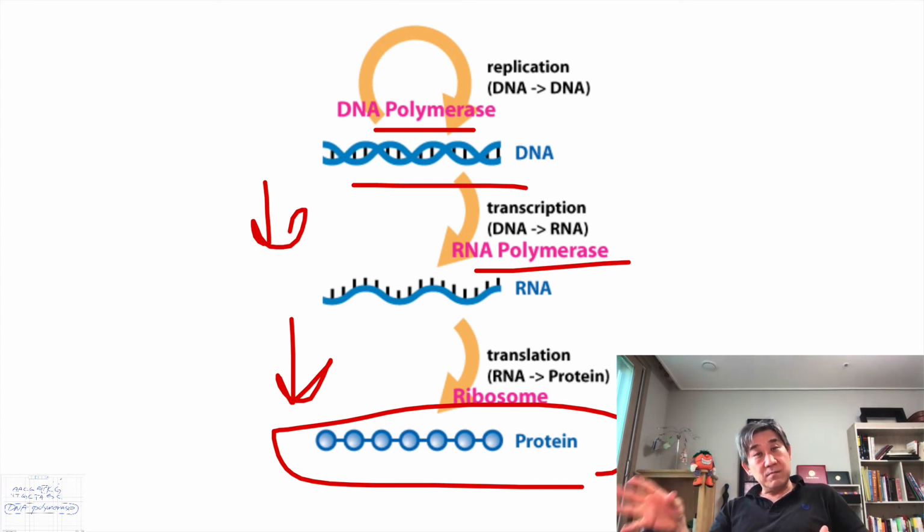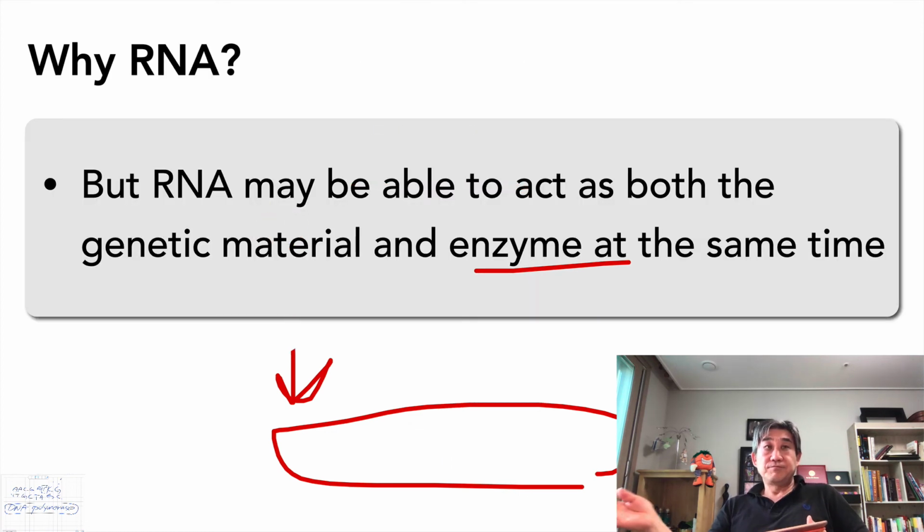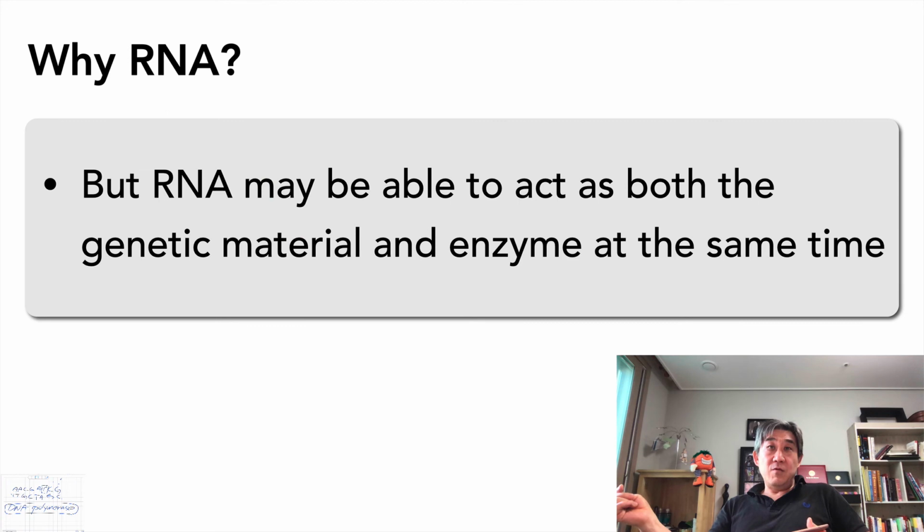So how can that be possible? So DNA shouldn't and couldn't be the first genetic material in the first type of cell, is the idea. But then why RNA? What's special about RNA? Instead of DNA, RNA can function as an enzyme at the same time, is the idea. What?